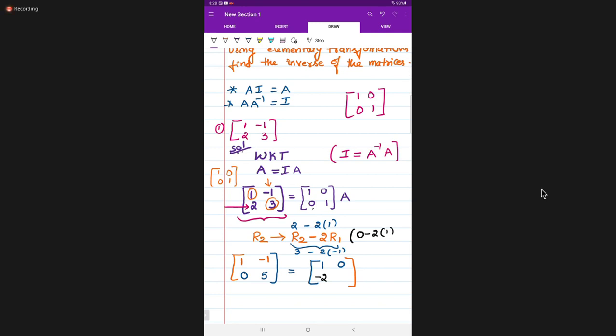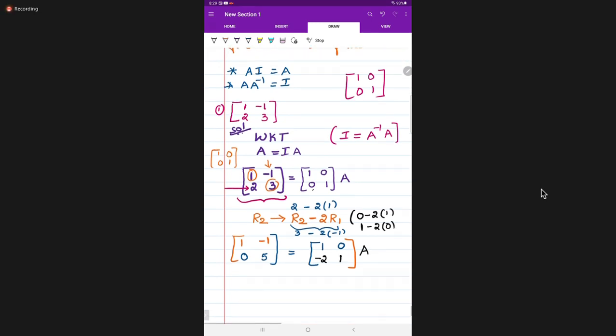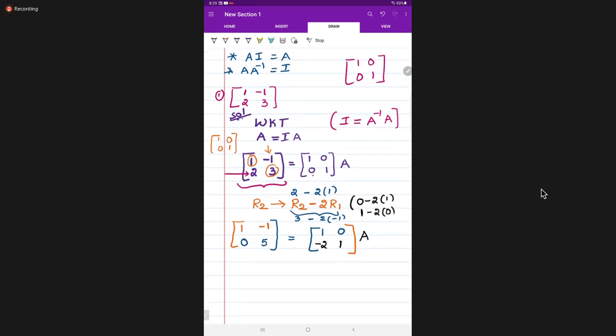Substitute: 1 minus 2 into the upper element 0. So 1 minus 2 into 0, 1 minus 0 is 1, right? Students, please respond. Is there any doubt?